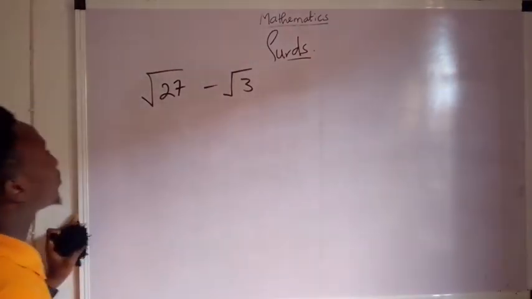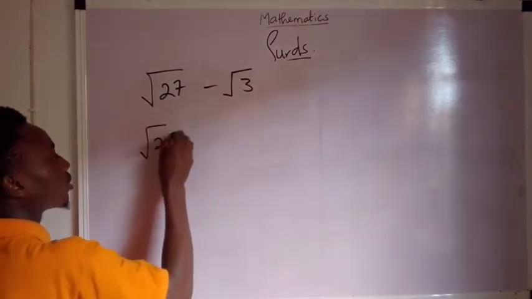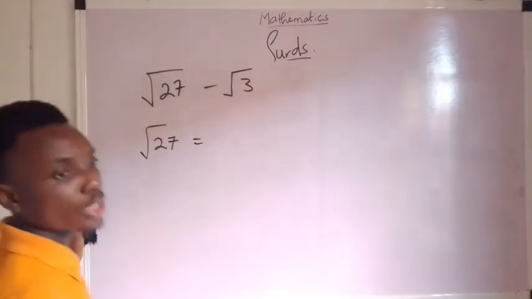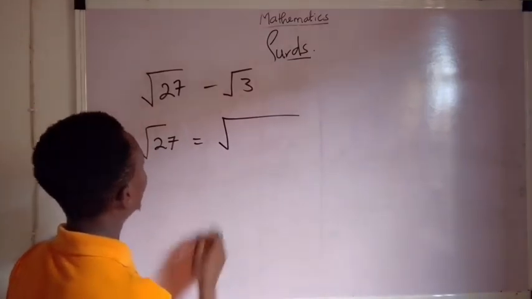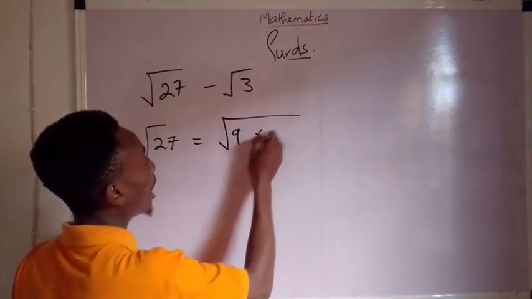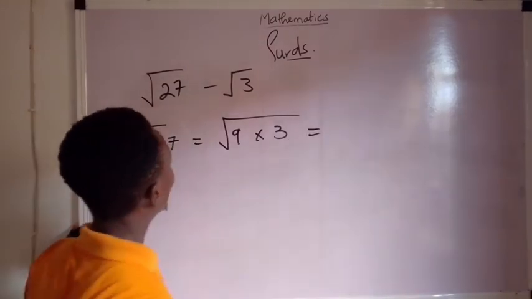So root 27 can now be replaced. I just told you that you can use these laws in reverse, right? And so root 27 is root of 9 times 3.